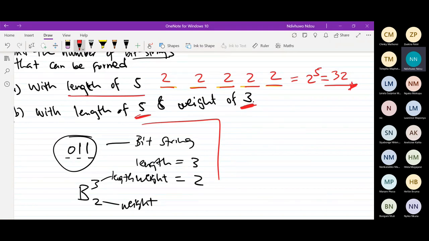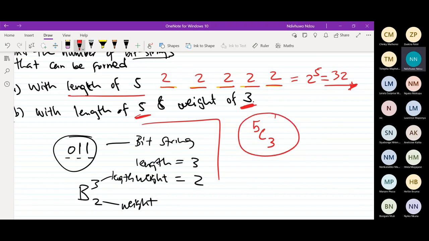So from the length of 5, from my 5 binary digits, I'm just going to choose 3 ones. In a way, it's combination, because you're just going to select 3 ones from 5 of them and arrange them differently.